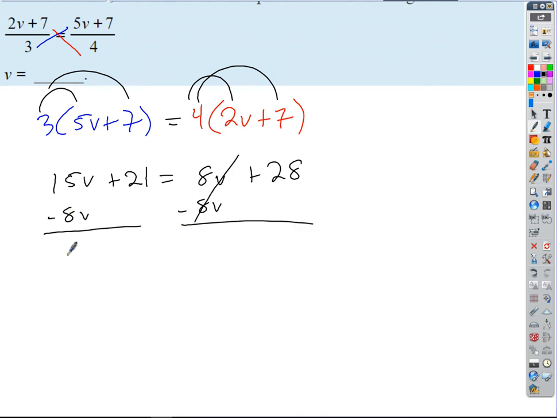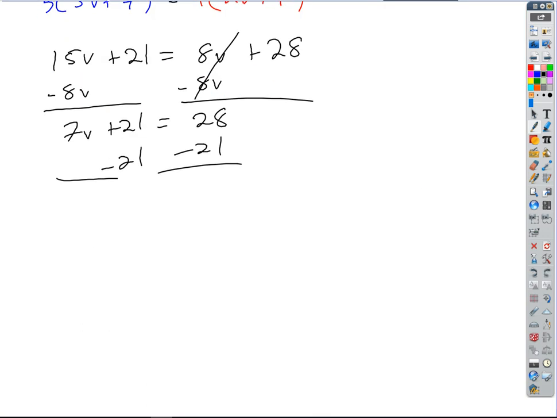So that gives me 7v plus 21 equals 28. Last 2 steps in order. There you go. Subtract 21. 7v equals 7. Divide by 7, I was told correctly.